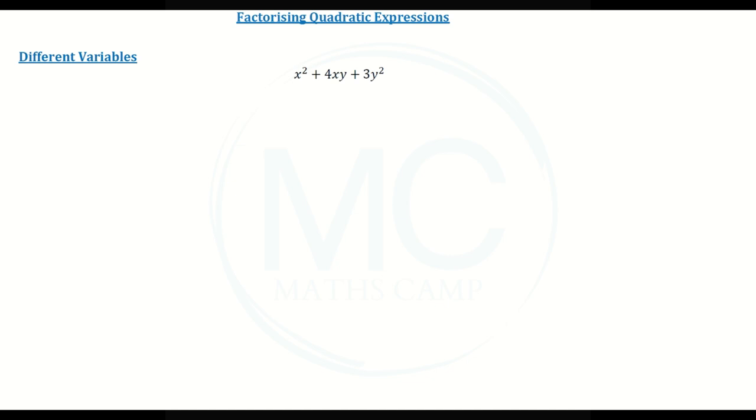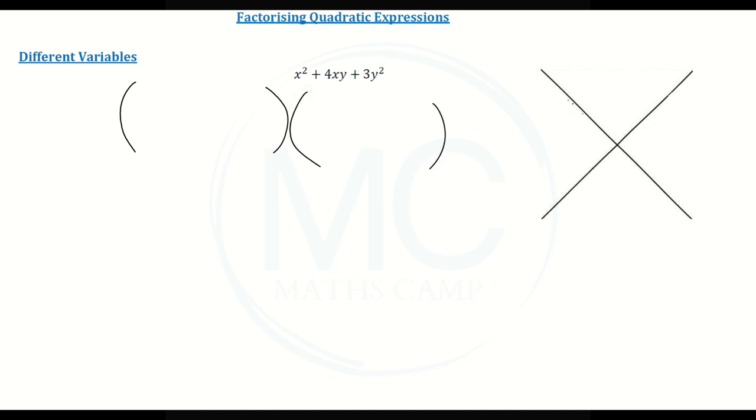Let's look at an actual example. x squared plus 4xy plus 3y squared. I want to start by drawing in our two brackets. So we have bracket number 1 and we have bracket number 2. Now, the first term in the expression is x squared. The square root of x squared is x.